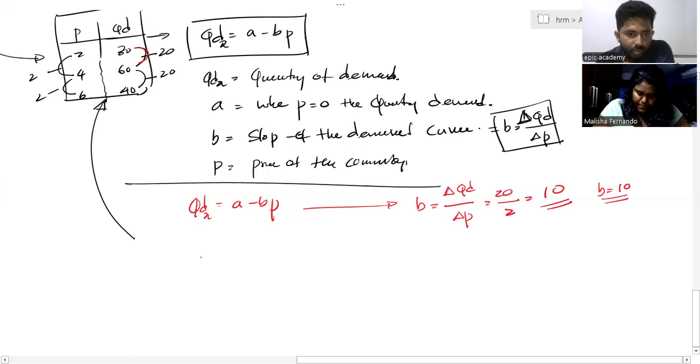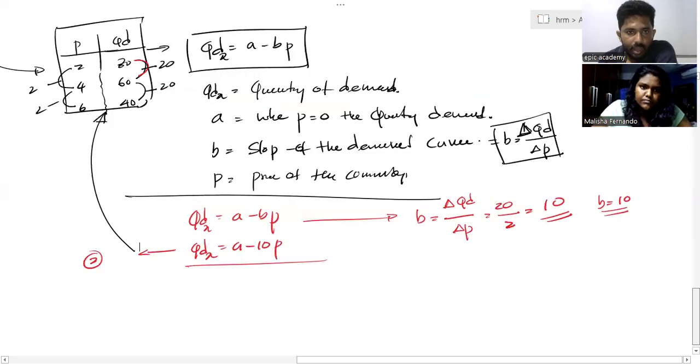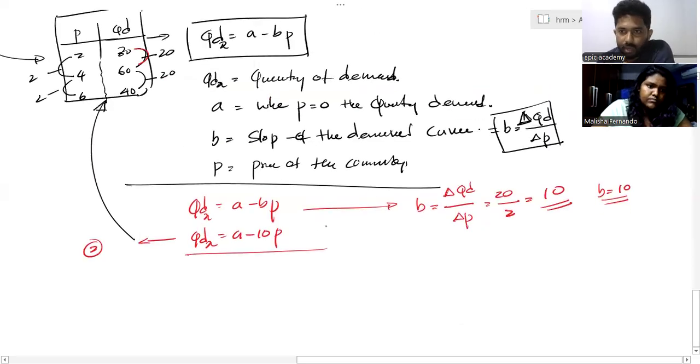Okay. Now put the value in here. QDX equal, we don't have any idea about the A, but we know the value for the B, it is 10. Okay, this is the second step. And now you have the value for B, and now we have to calculate the other values. So you have the schedule for the demand. Just select one option. This is option 1, option 2, option 3. Okay. From this, I am going to select this one.